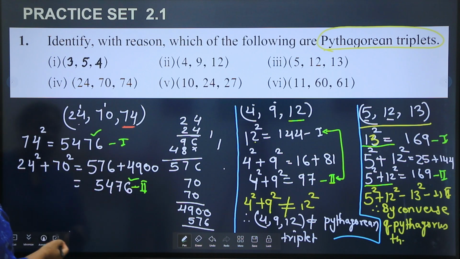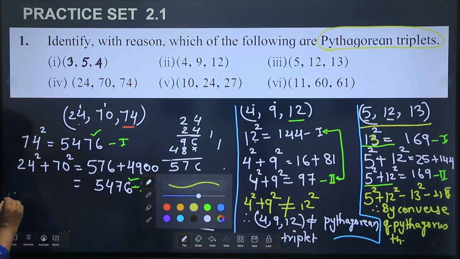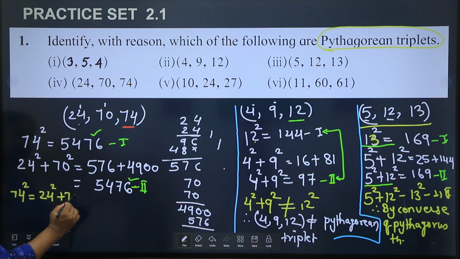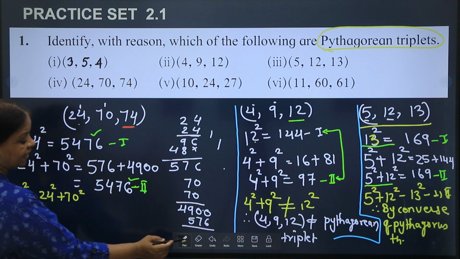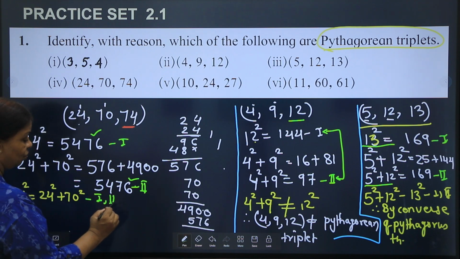So I can say 74 square is equal to 24 square plus 70 square, and how did I get this? I got it from 1 and 2.